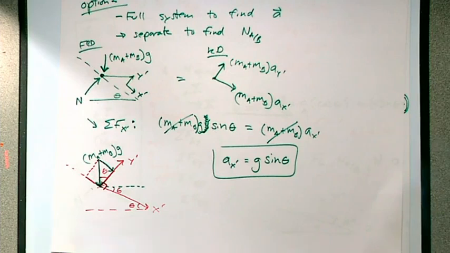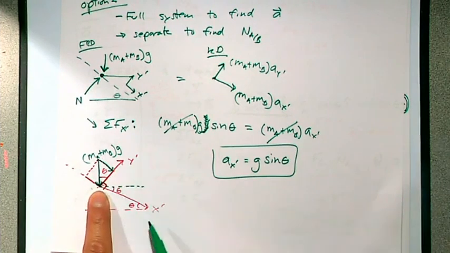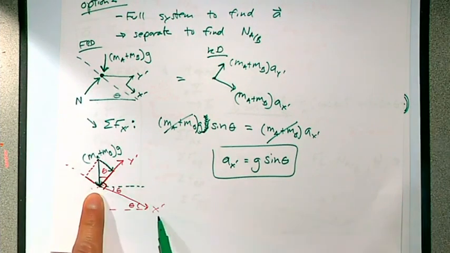So I want to swap this out. I have my acceleration written as g sine theta in the i prime direction. In order to use it in my sum of forces, I need to get this guy into xy. So I need to jump over here, and I need to write the x component.